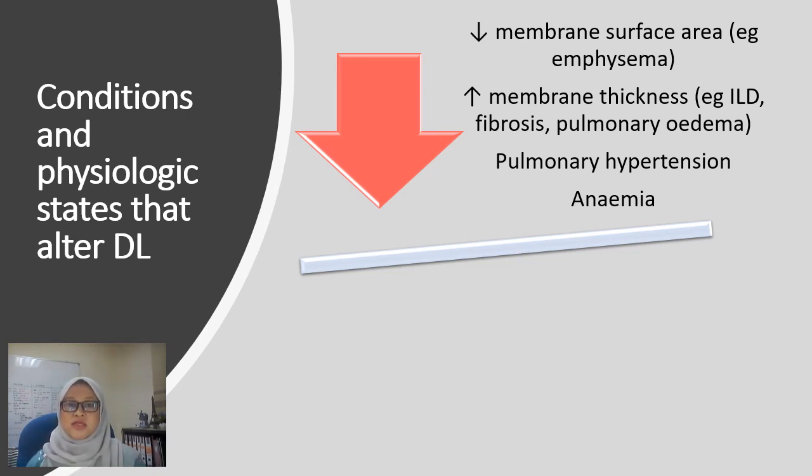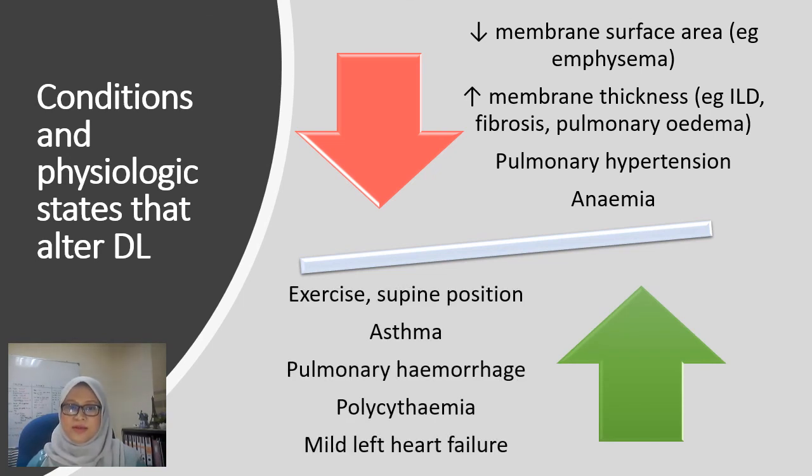DL may also be decreased in pulmonary hypertension and anemia. On the other hand, DL may increase due to exercise, supine position, asthma, pulmonary hemorrhage, polycythemia, mild left heart failure. So there may be other reasons or conditions that increase or decrease DL. So we can determine the condition based on the changes in DL.